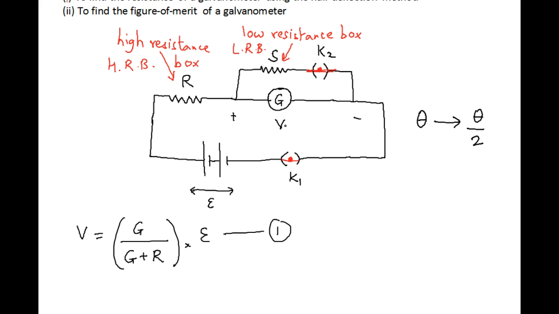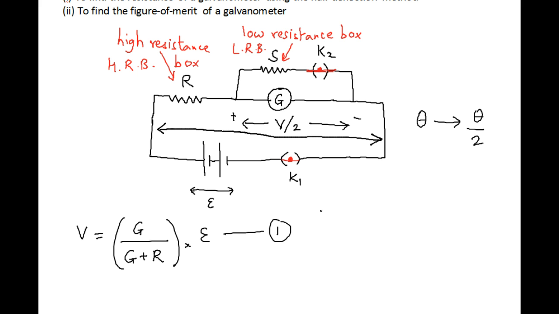What this means is that the current through the galvanometer is halved, and it also means that the voltage across the galvanometer, which was formerly V, is now V by 2. You can now apply the potential divider formula again across the series combination of R and the G parallel S combination. So this entire thing, okay.